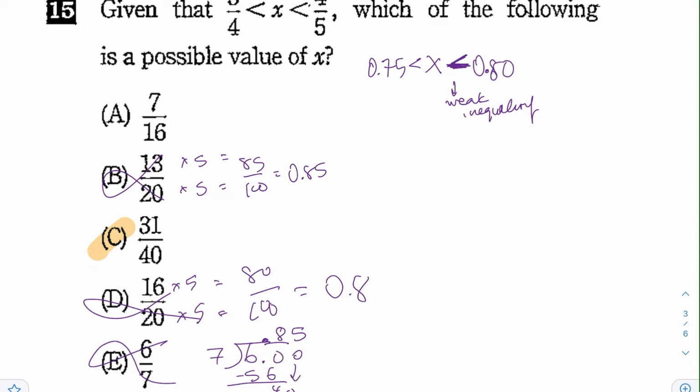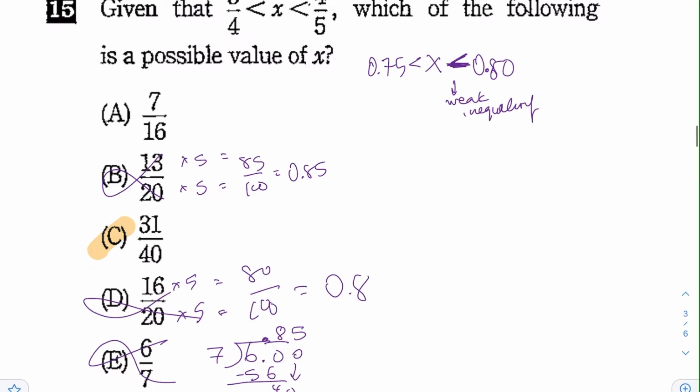So between choices A and C. For choice A, you do 7 divided by 16. Here 16 goes into 70 4 times. And here 16 goes into 60 another 4 times, or rather 3 times.